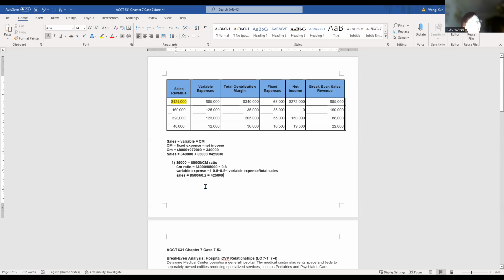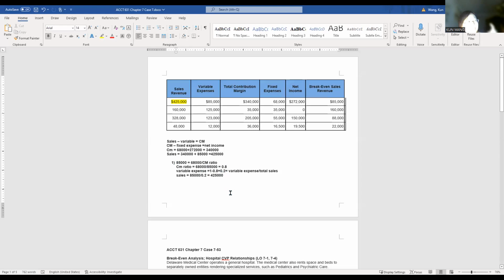I solved the question for number 1. Just to make sure, you did the variable expense divided by 0.2. First, we found the contribution margin ratio is 0.8. As a result, we can find the variable expense ratio equals 0.2, because those two added together should always be 1.